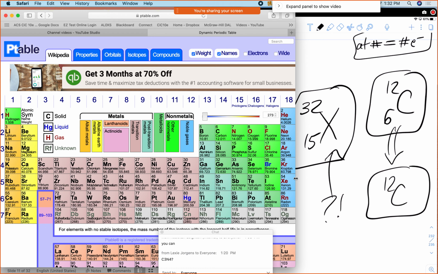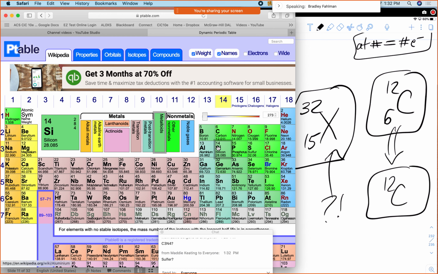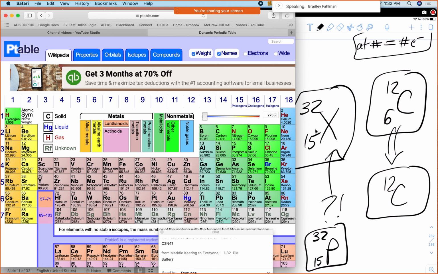This is really as easy a question as you can get, because the bottom number tells you what element it is. This is 15, so you just look, what's element 15? Oh, it's phosphorus. So phosphorus 32 with 15 would be the full symbol. Does everybody see that? Just look at the bottom number, it will tell you the identity.